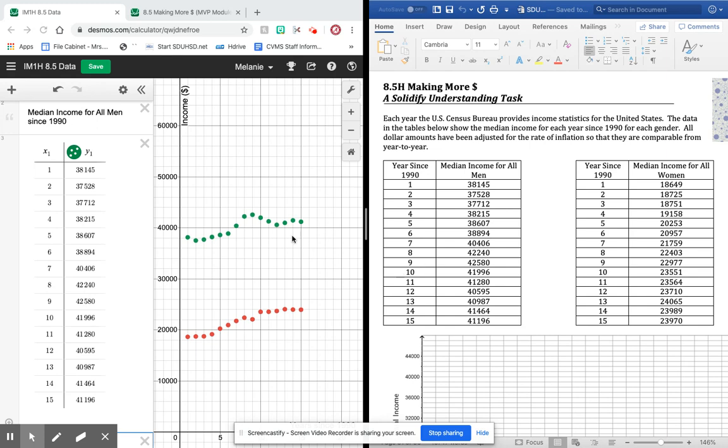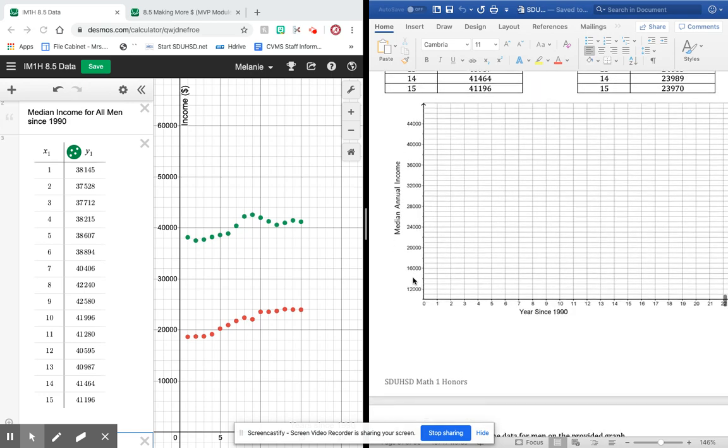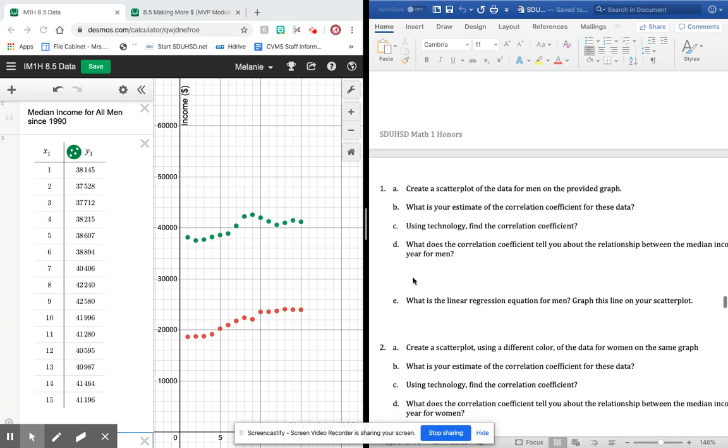So when you look at that, thinking about what you learned in 8.4, how well would you say that data is correlated? If you had to guess the correlation coefficient for that data, what would you guess? It's obviously not 1, but it sort of goes in the positive direction, though not all the dots are on the exact line.